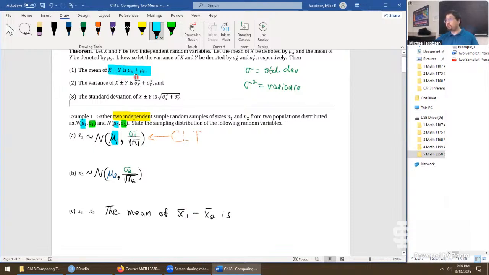We just take their appropriate means and either add them or subtract them. We are subtracting because we're trying to find the difference between population means. So we'll go here and say it is mu1, coming from over here, minus mu2.